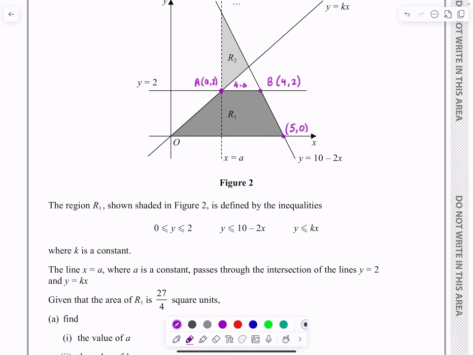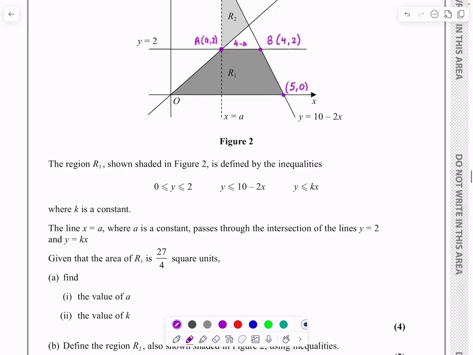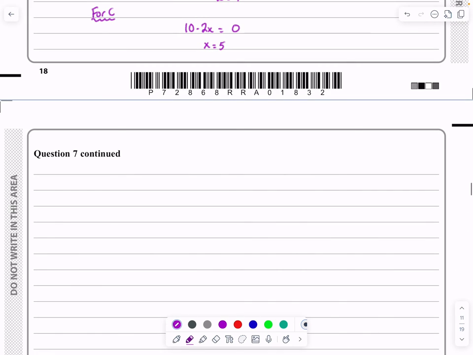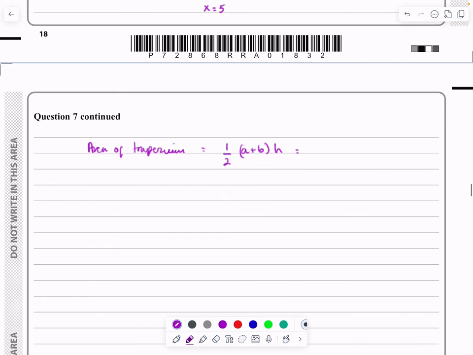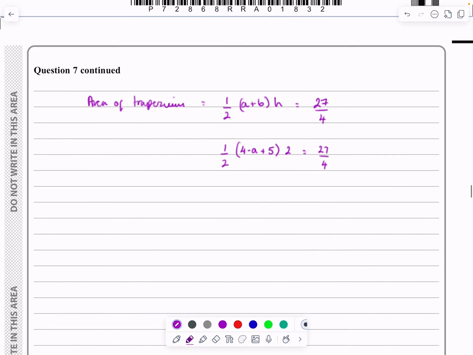And if I've got that, then I can use that to work out the area of the trapezium. So the area of the trapezium, which we know is half (a plus b) times h, is also going to be equal to 27 over 4, and that's going to be a half. 4 minus a is one of the lengths, 5 is the other length, the height is just going to be 2, obviously, equal to 27 over 4, and now we just need to tidy that all up.